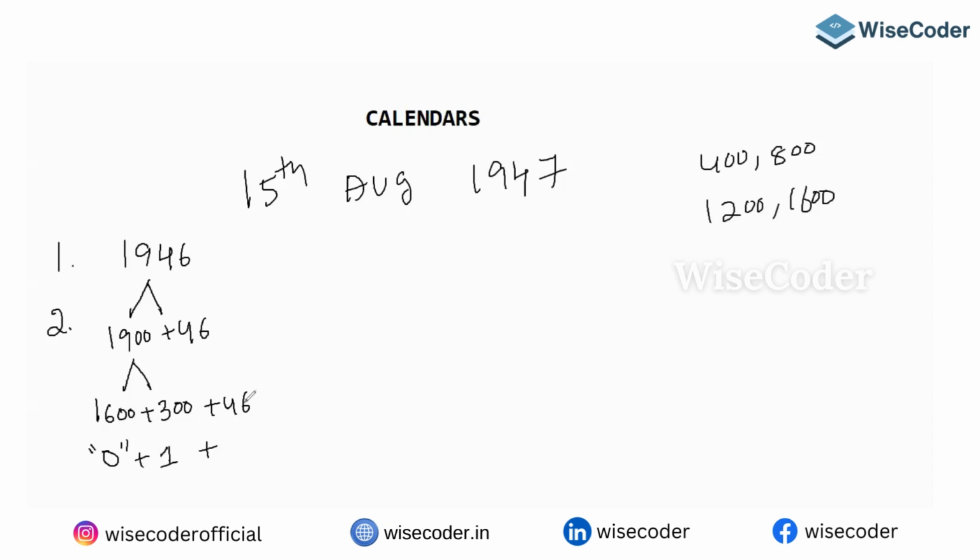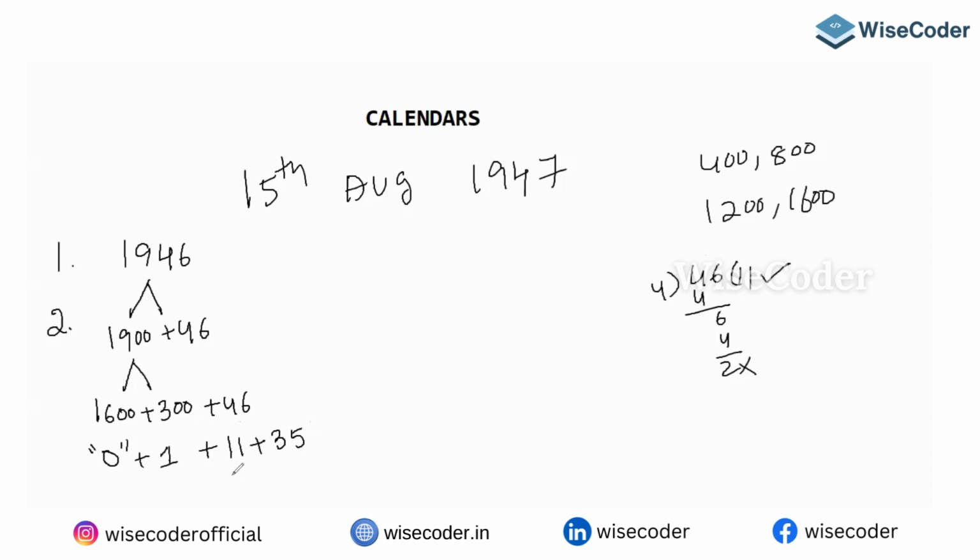Divide 46 by 4: 4 ones are 4, left with 6, 4 ones are 4, left with 2. So there are 11 leap years and 35 non-leap years.